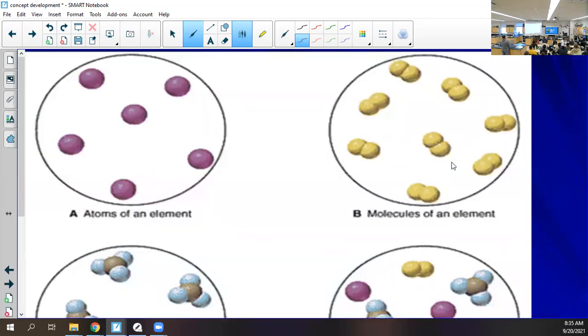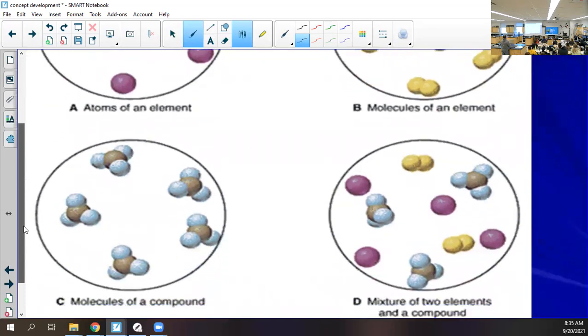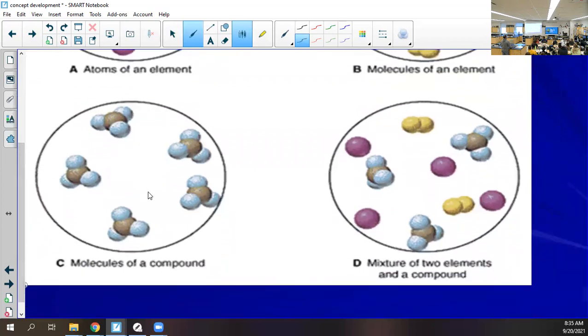All right, so here's just whatever. We have atoms of an element, molecules of an element. So it's still the same element because they're the same substance, like they're just two yellow things stuck together. This would be molecules of a compound. It's a compound because now we have two different types of atoms, the brown one and the blue ones.